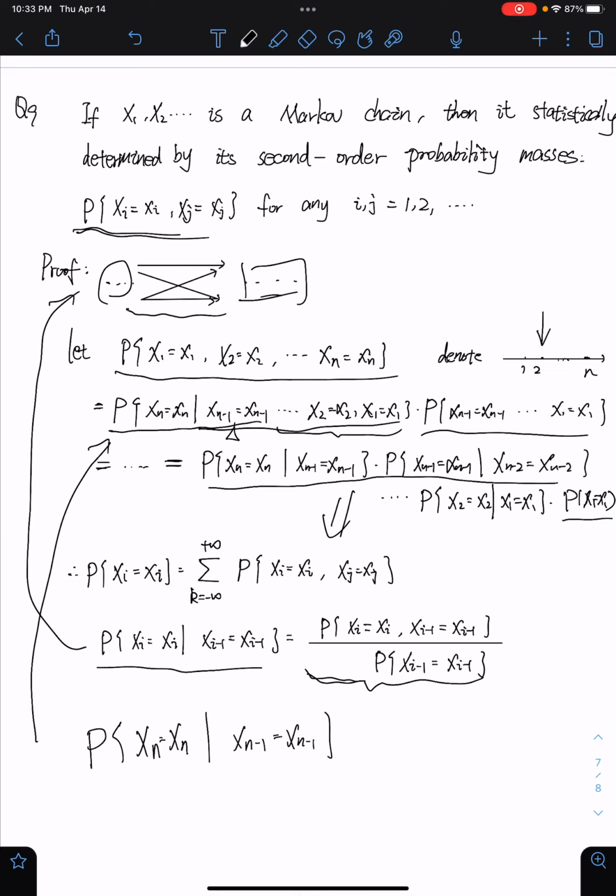So we can cut the past states; we only care about the state before X_n. Finally, the result of the probability mass function can be denoted as these two functions.